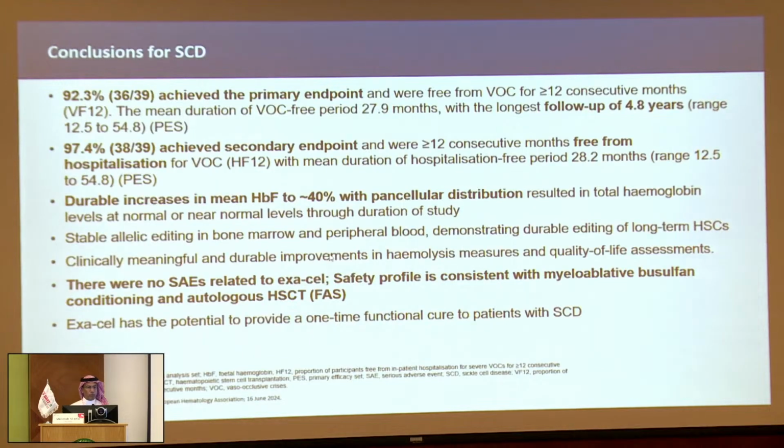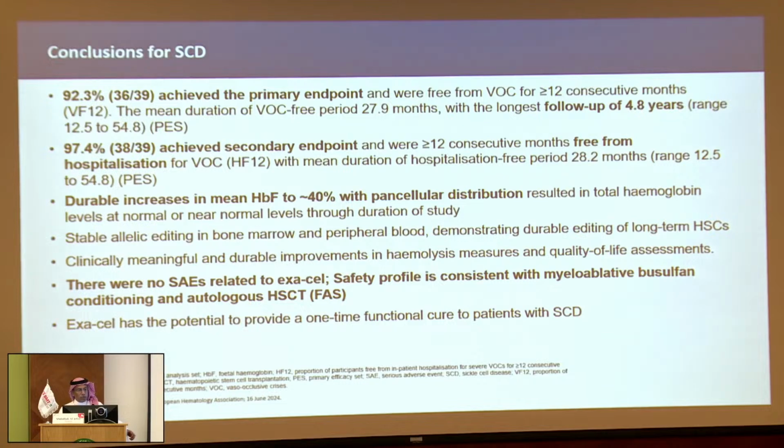So, in conclusion, for sickle cell, 92% achieved the primary endpoint and were free of vaso-occlusive crisis for 12 or more months. The mean duration free of vaso-occlusive crisis was around 28 months, with the longest follow-up of up to 4.8 years. 97% achieved the secondary endpoint, free from hospitalization, with a mean hospitalization-free period of 28 months.